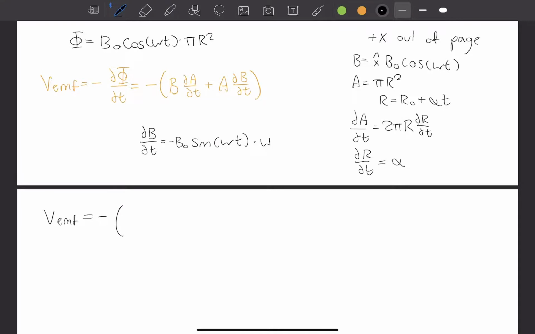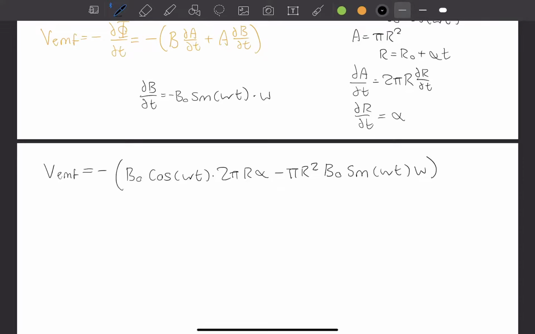Negative b times dA dt, so b naught cosine omega t times 2 pi r times alpha, of course, plus a, which is pi r squared, times dB dt. And we said dB dt is negative b naught sine omega t. So this becomes a negative. And this is b naught sine omega t times omega.